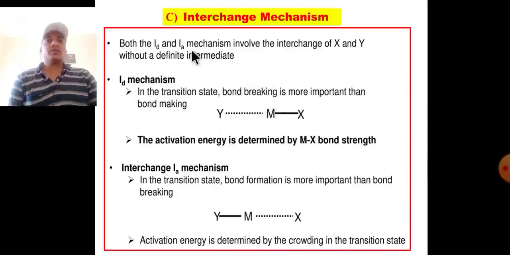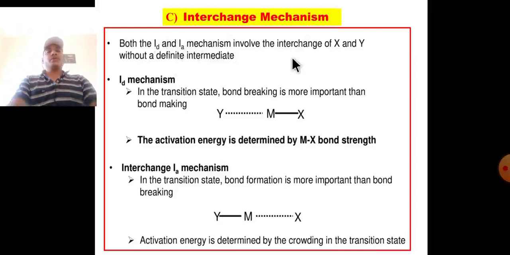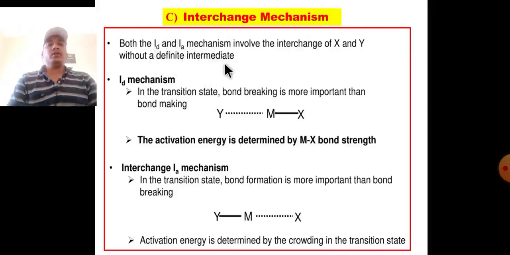Third is the interchange mechanism, which is the stoichiometric mechanism. Both the interchange dissociative mechanism and the interchange associative mechanism involve the interchange of X and Y without a definite intermediate. In the interchange dissociative mechanism, in the transition state, bond breaking is more important than bond making.